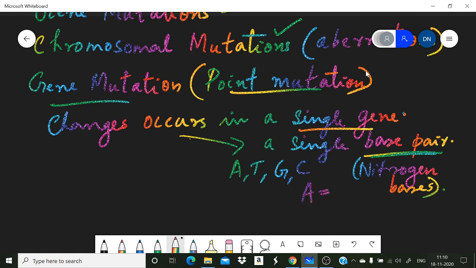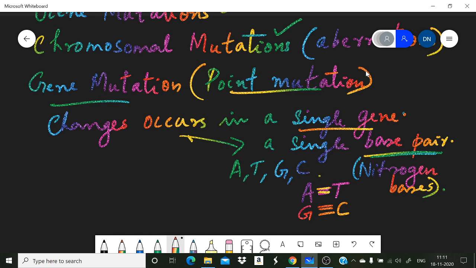Adenine combines with thymine through a double hydrogen bond, and guanine combines with cytosine through a triple hydrogen bond. These are the base pairs present in DNA. So if any sudden change occurs in this base pairing, it can lead to changes in the functionality of the DNA.